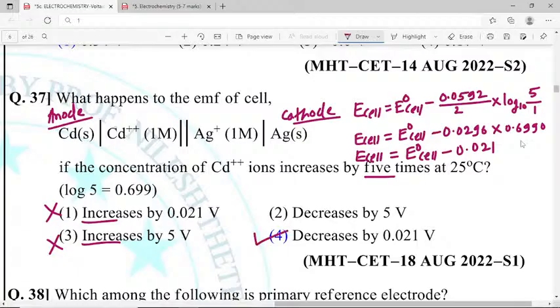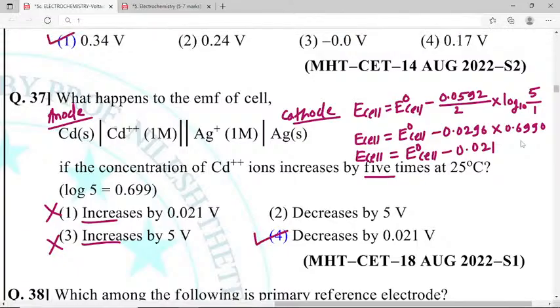So option number 4 is correct: decreases by, that is the negative sign. Always remember.